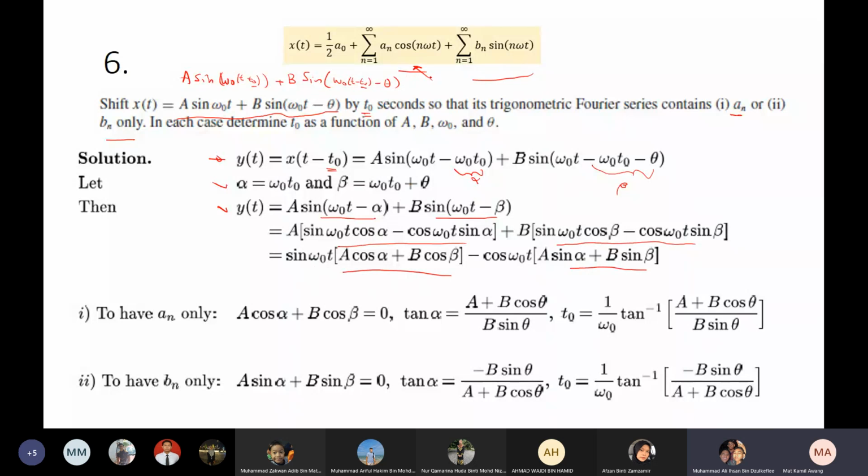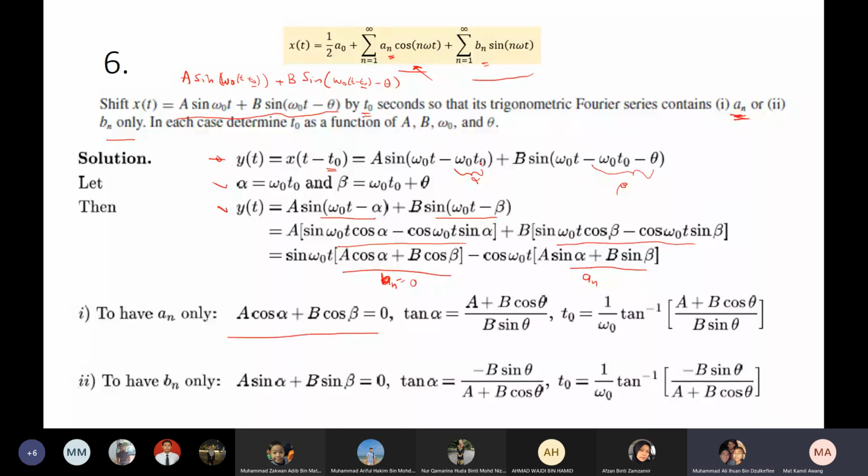This is what I call, to make, an, this is the bn. So from here, this term is actually an, and this is bn. So if the series is only to contain an, then this term will be equal to 0, so we have a sine alpha plus b cosine beta equal to 0.